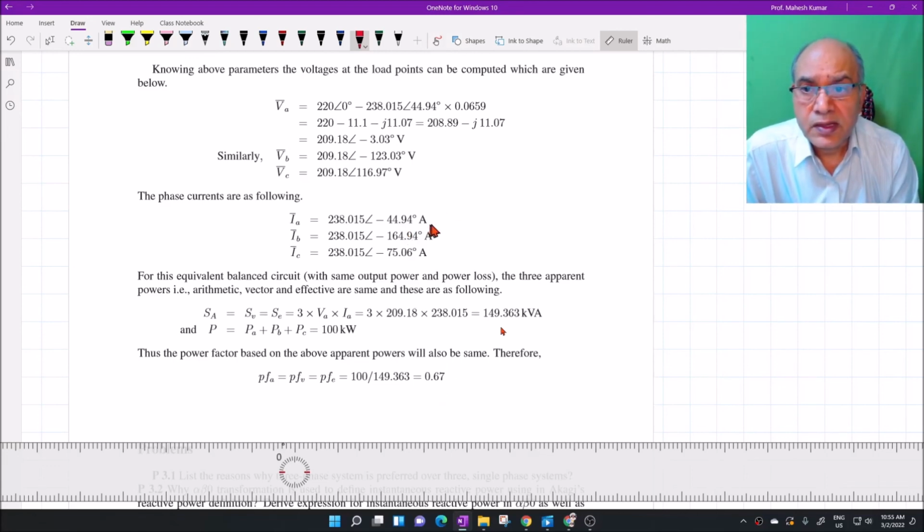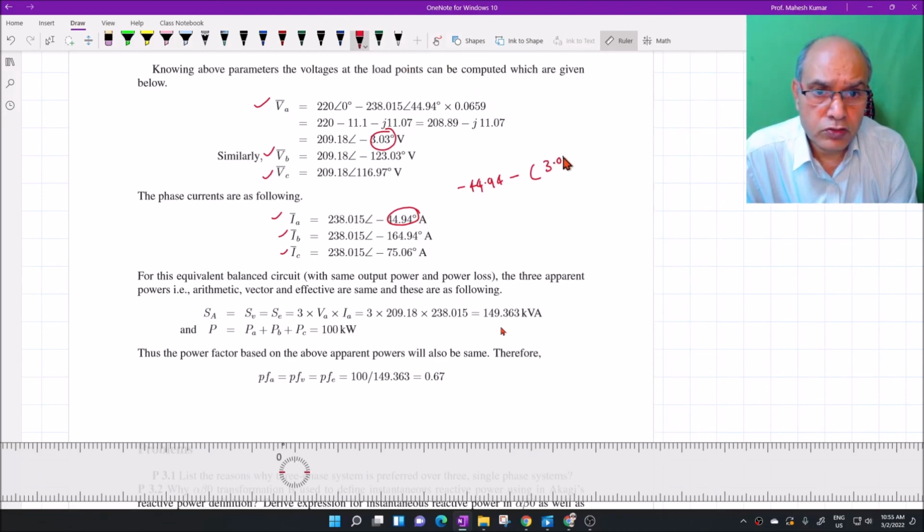All right, and you can compute the voltage and currents for phase A, phase B, phase C, and you can find out the angle between VA and IA. So this is minus 44.94 minus 3.03.